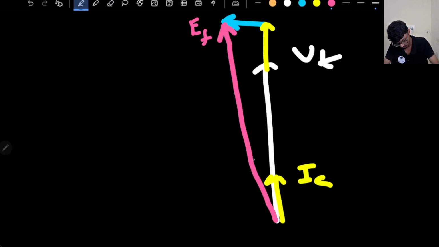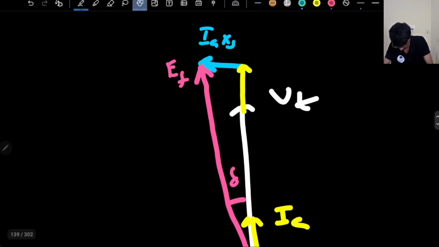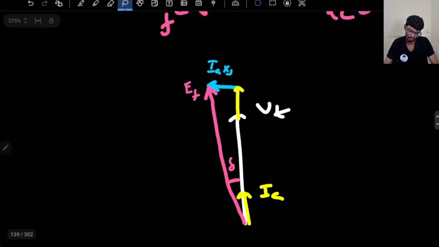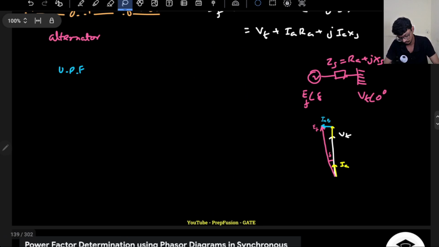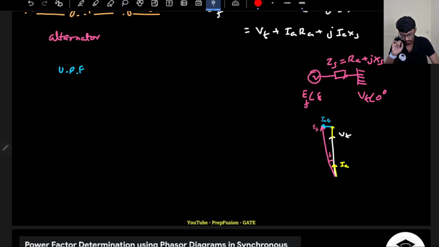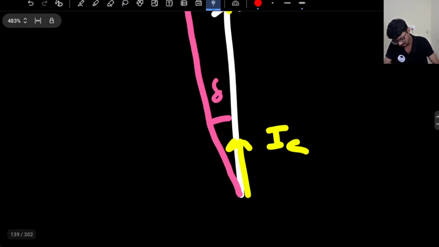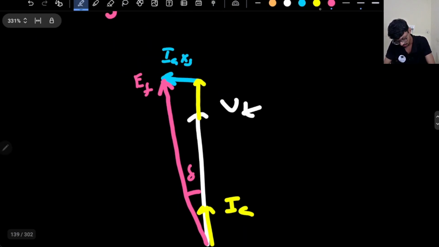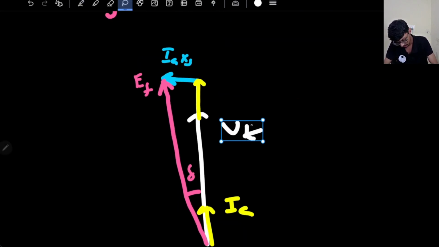EF, delta. Now I want to clarify this. This distance is IA into RA.